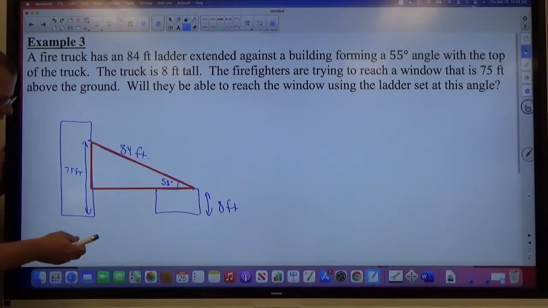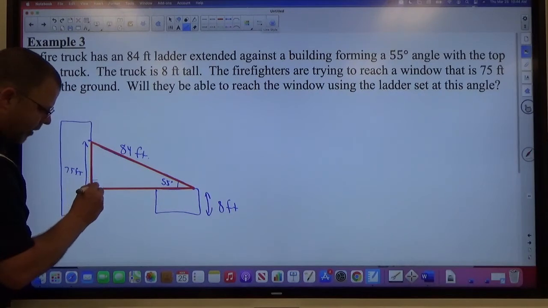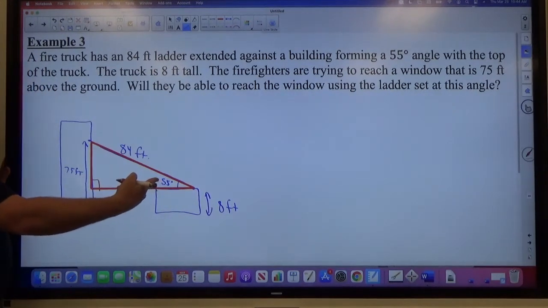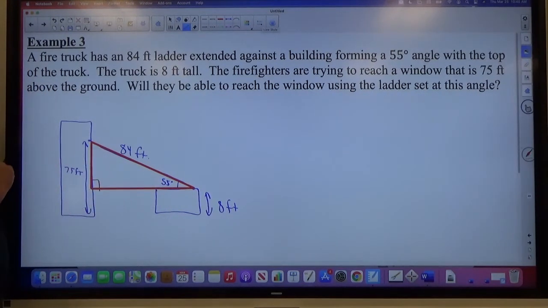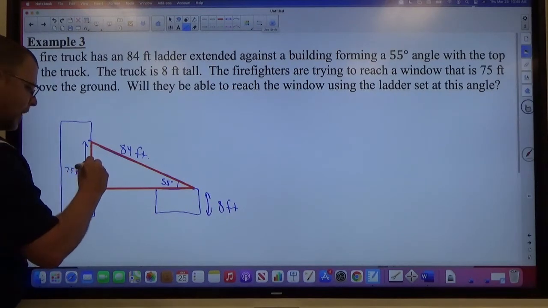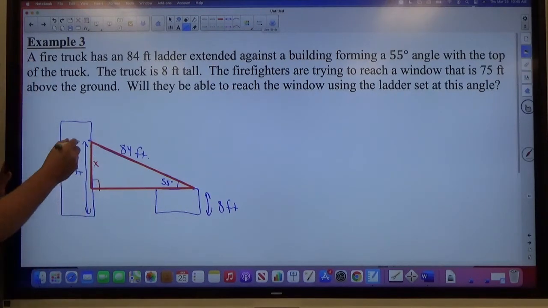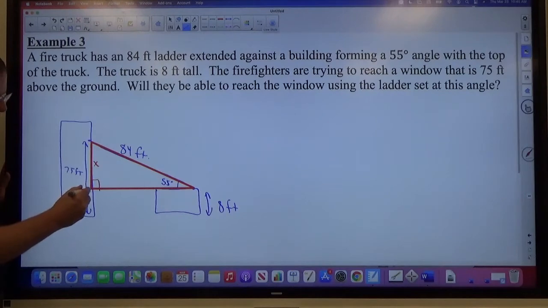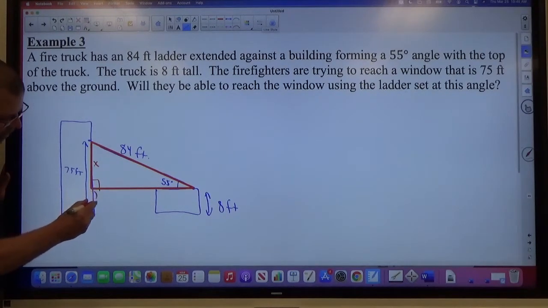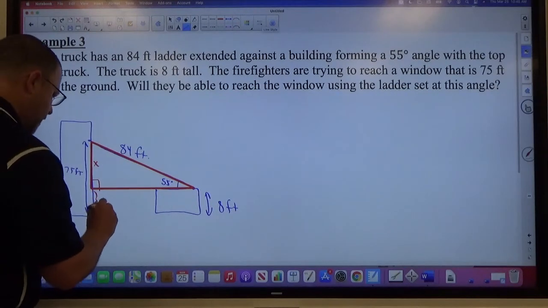Now if you take a look at the right triangle that I see, here's my right angle here obviously. This is my acute angle that we're going to probably work with, the 55-degree angle. I'm able to find this measure over here, x. X is the distance from the window to right here, which is level with the top of the truck. This little piece here is 8 feet.